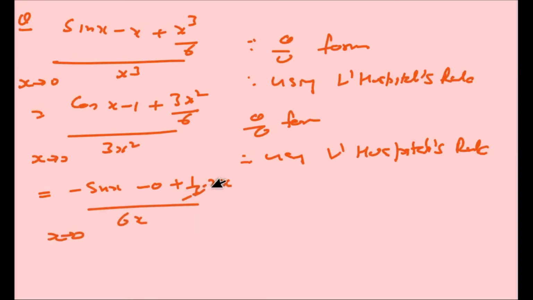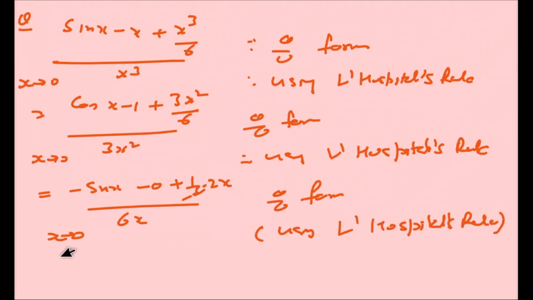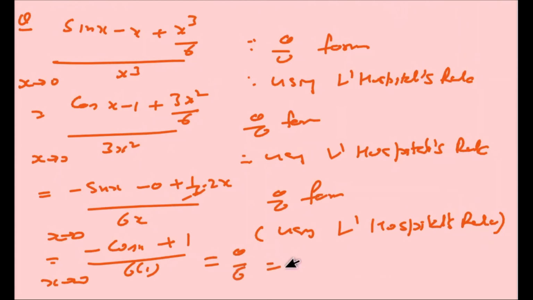Now putting minus cos 0 is minus 1, plus 1, upon 6, we get 0 upon 6 equal to 0. Now it is defined, so it is your answer.